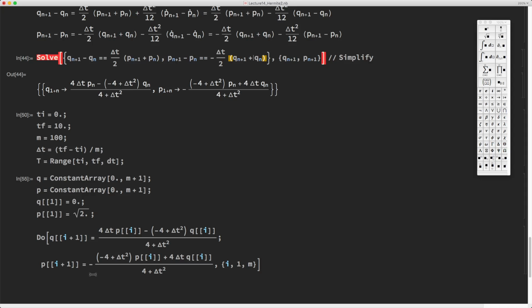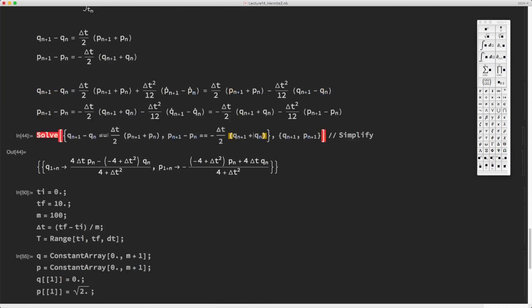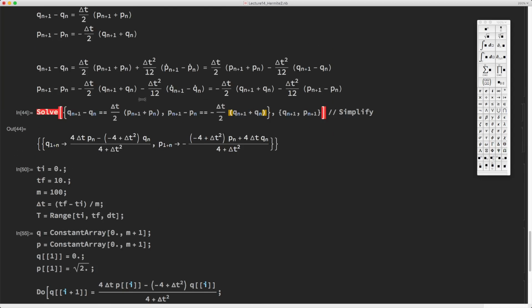The benefit is that now we can simply do a do loop without having to iterate the equality in each time step. That's the only difference. So this would be easier and faster, but that's only because the system is linear. If the system was not linear, we would have to iterate in each time step.